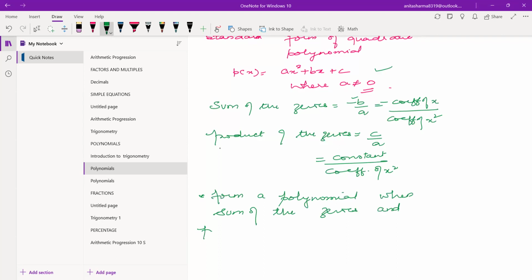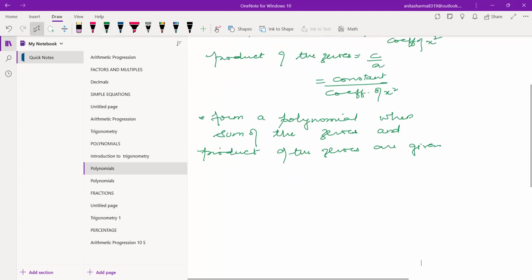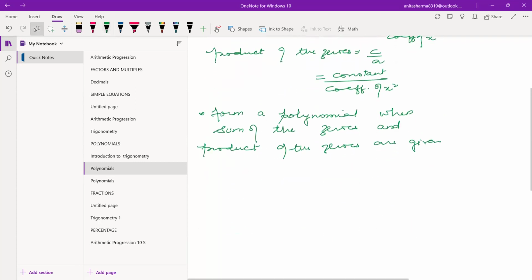Both the topics are very, very important: sum of the zeros and product. So your polynomial will be: you will write k times x square minus sum of the zeros into x plus product of the zeros.